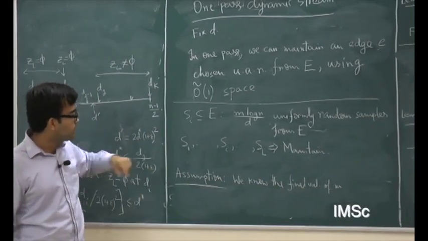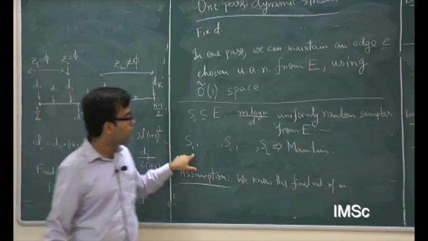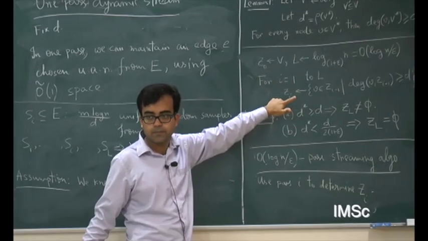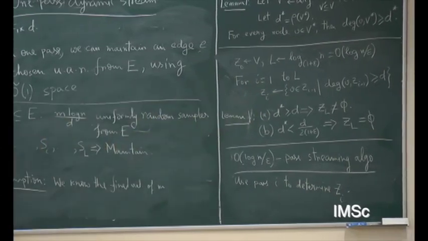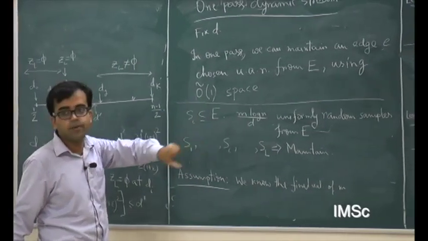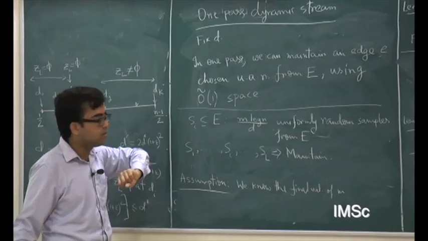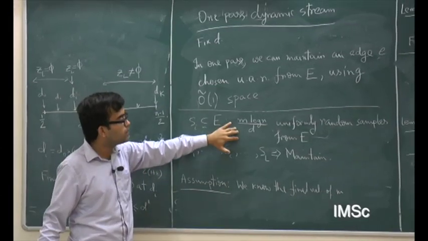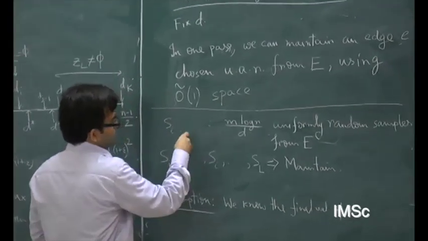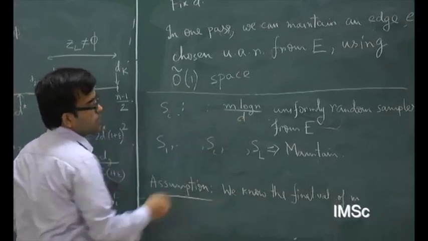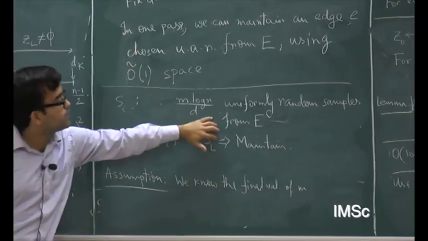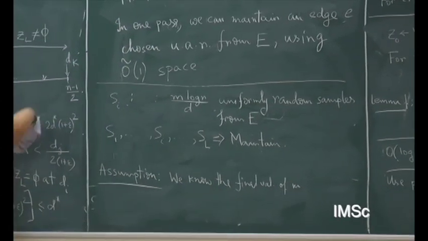Now what you are going to do is, for each i equal to 1 to L, so each i here just corresponds to exactly one iteration of this thing, we are going to maintain Si, randomly sampled edges from E. Now what does this mean? First of all, this is not an exact subset. This thing just tells you to maintain this many L0 samplers on this set E. So there might be duplicates in Si.